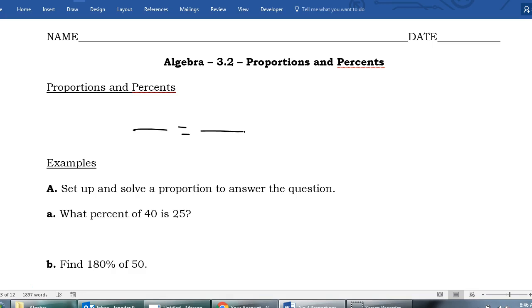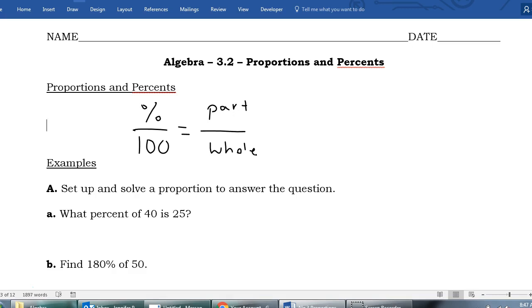When we work with percents, we're always going to put whatever our percent value is over 100, and that's because the word percent means per 100. And then we're going to put the part on the top and the whole on the bottom. Sometimes I think it's hard to identify what value in your question is the part and what value is the whole.